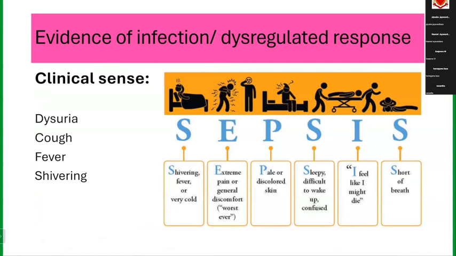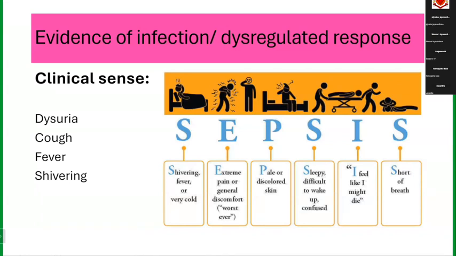If we use the word sepsis as a mnemonic, a patient comes with signs and symptoms such as shivering, fever or feeling very cold, extreme pain or general discomfort, pale or discolored skin, sleepy or a level of consciousness a little less than normal, feeling like they are going to die, or shortness of breath. If these are there, you have to think whether this patient has an infection plus an organ dysfunction.